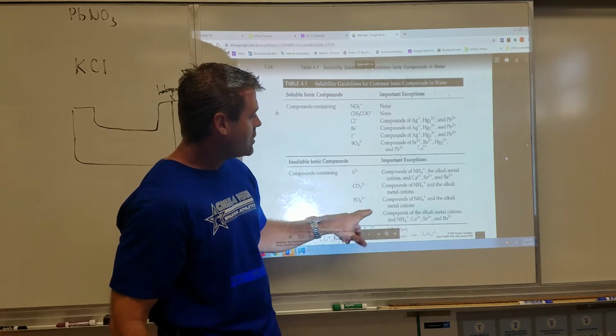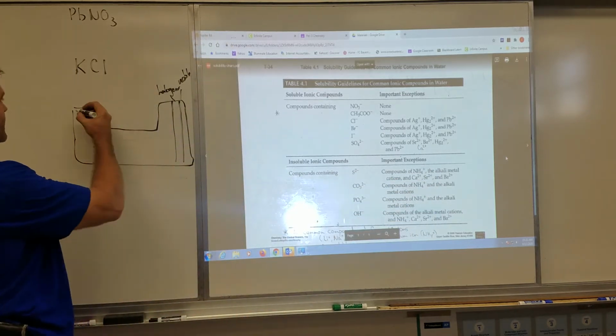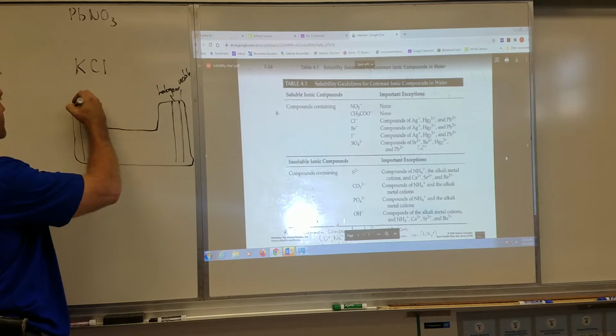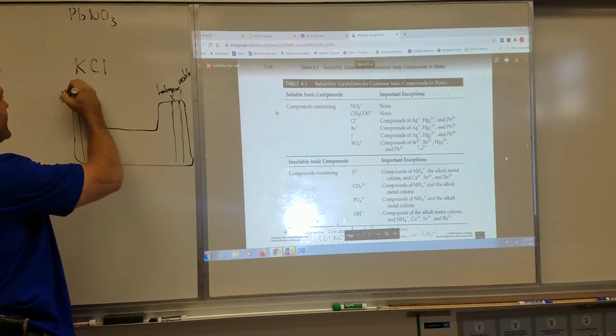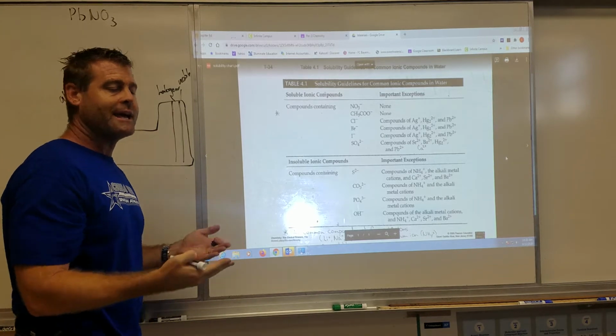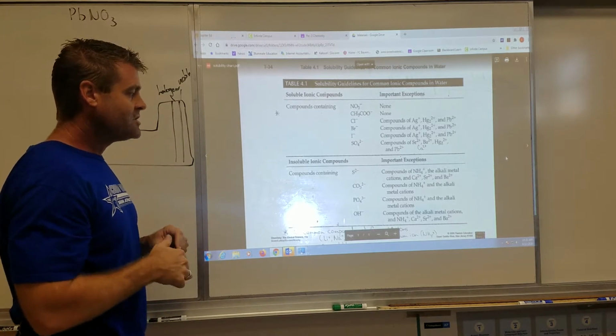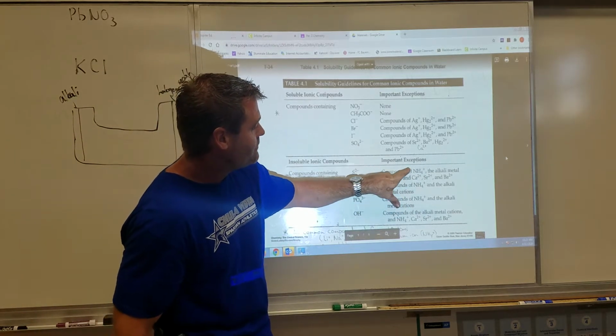When any of these are with alkali metals, I'll remind you guys, the alkali metals are here. It's that first group: lithium, sodium, potassium. These are the alkali metals. So anytime you have an alkali metal in a compound, you can expect that compound to be soluble, and you can see that's the case. And also if it's the ammonium cation.